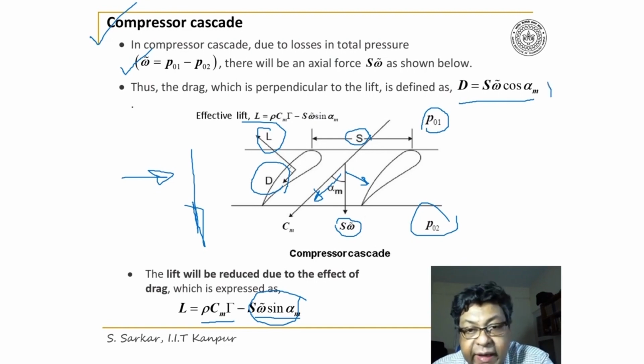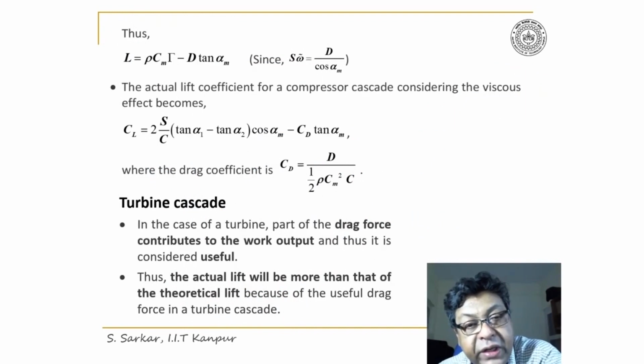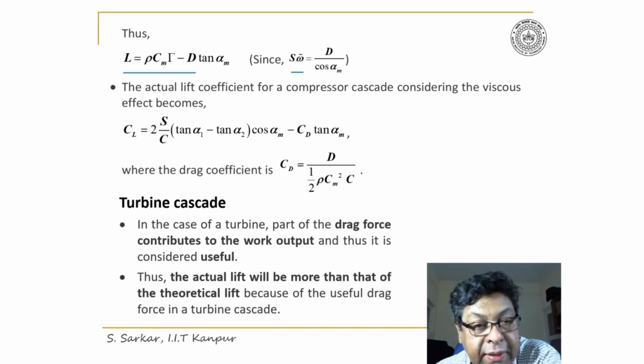And drag here is S into omega tilde into cos alpha m. Thus, substituting the value of omega S, the actual lift would be rho Cm into gamma minus D into tan alpha m.